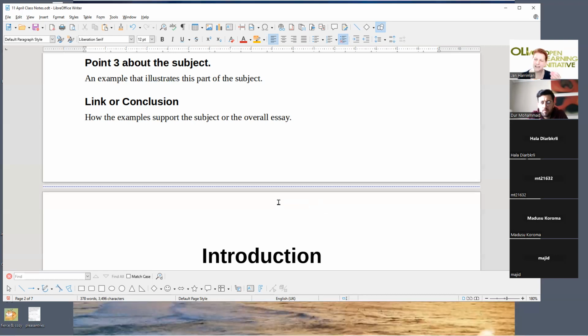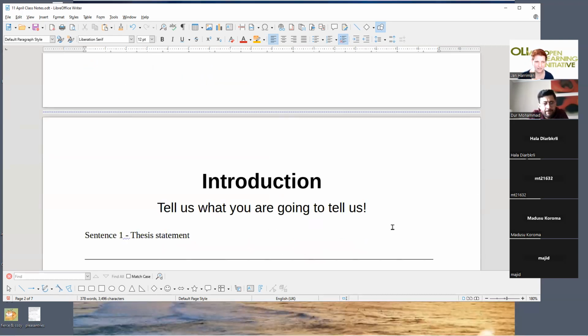So when we're planning an essay, we're planning those middle paragraphs, because the first paragraph is telling us what those middle paragraphs are going to be, and the last paragraph is telling us what the middle paragraphs were and why they're important. So there you go.